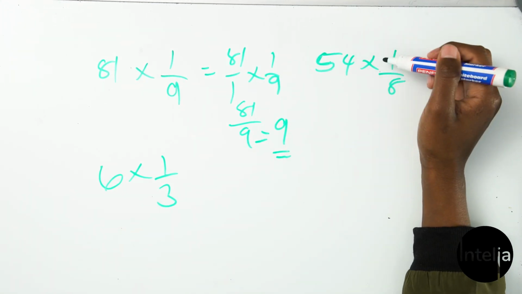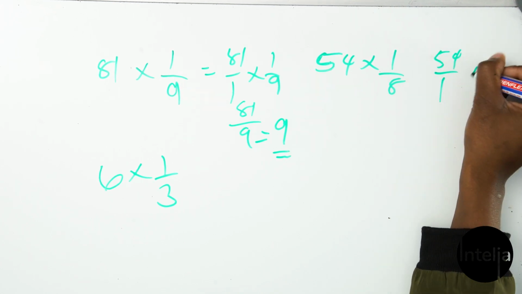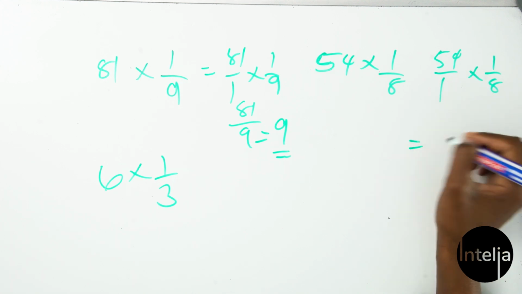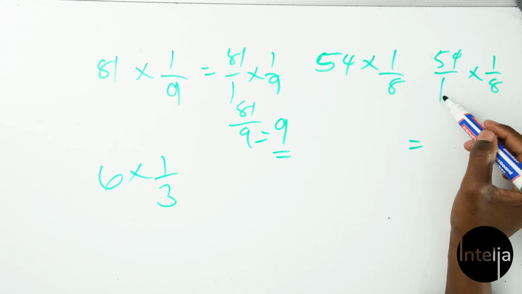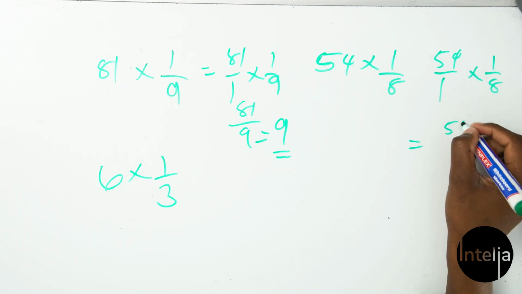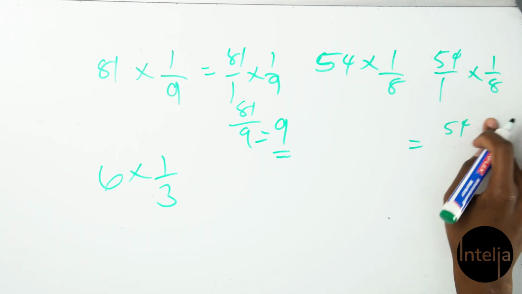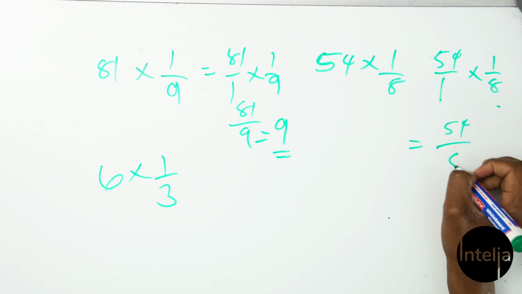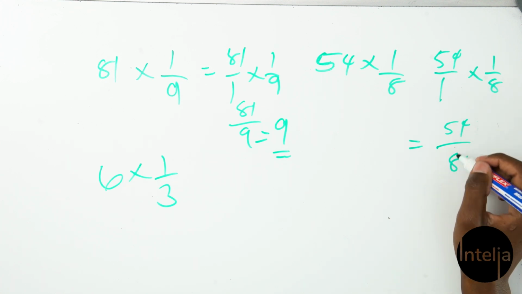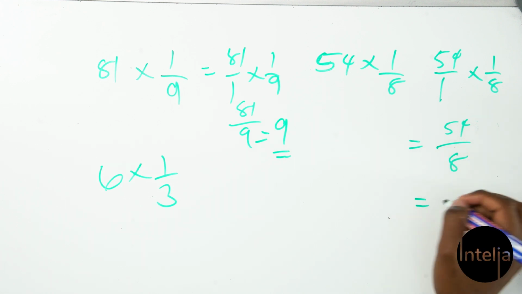And then 54 times 1 over 8. 54 over 1 times 1 over 8 is equals to 54 times 1, that's 54. 1 times 8, that's 8. 54 over 8 simplifies to 27 over 4.